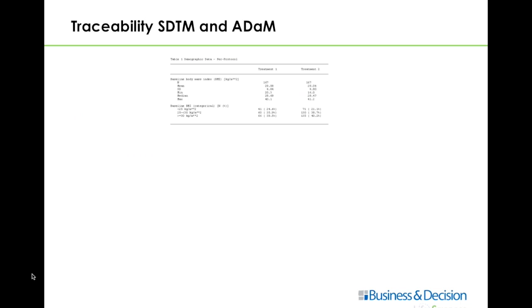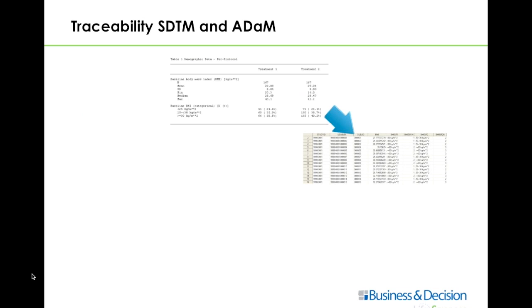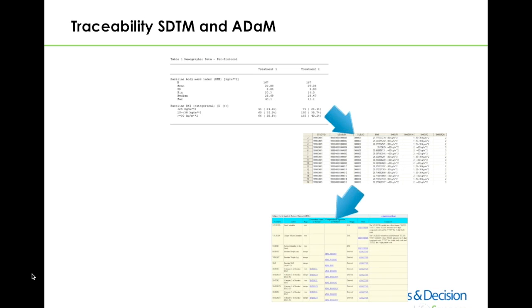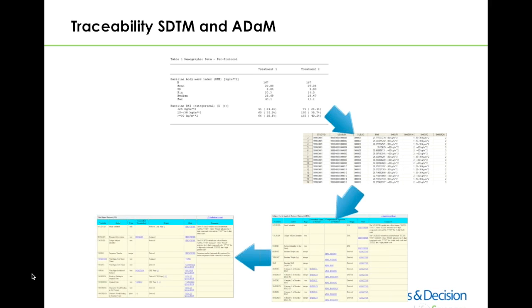So traceability goes from your analysis results, for example, a table that represents some vital signs for a subject, to the analysis dataset, which is really the ADaM dataset that contains the results. And this needs to be linked back to an ADaM define.xml, where you will be able to specify the metadata around this result.